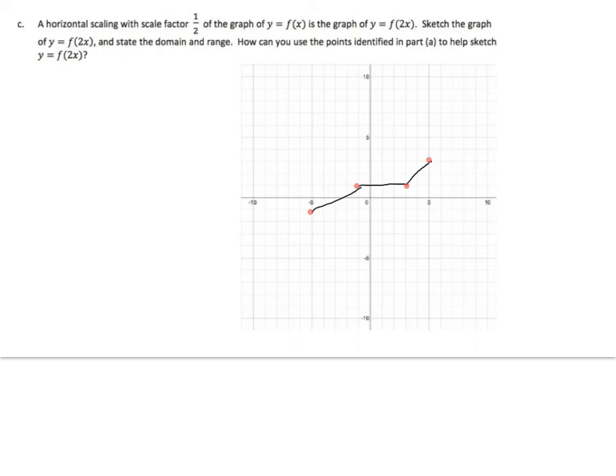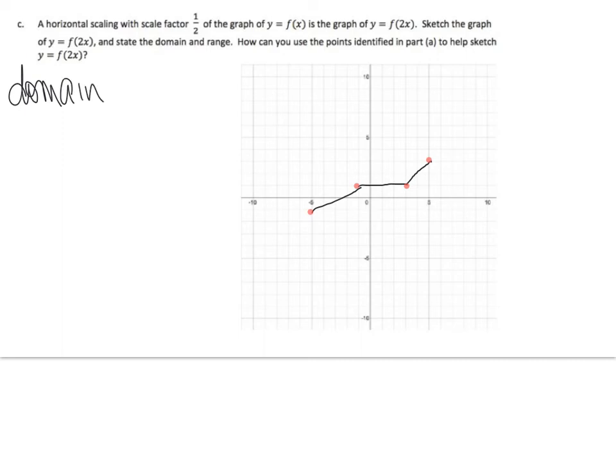On part B, the range was changed because it was vertical. Here the domain is changed because it's horizontal. So we're going to multiply our domain by that scale factor.